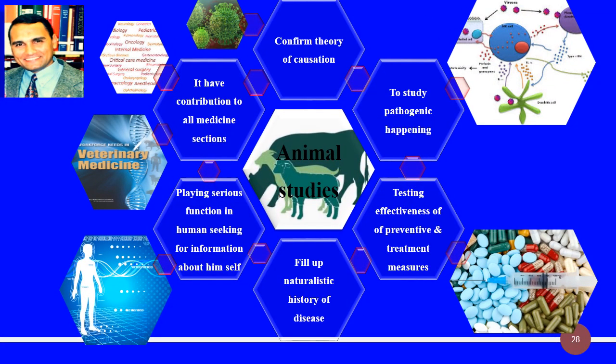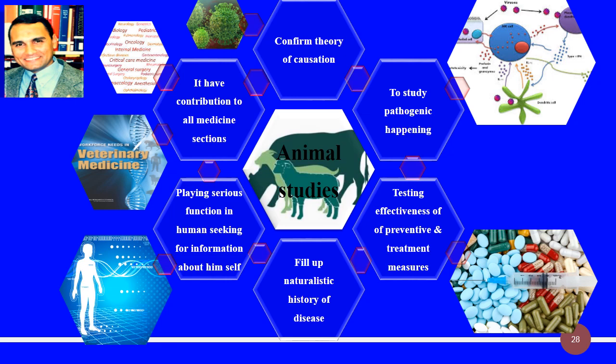Experimental epidemiology is used in animal studies to confirm the theory of causation, whether it is viral, bacterial, fungal, prion, and so on. Also, it is used to study pathogenesis, how it causes the disease, and to test the effectiveness of preventive and treatment measures.